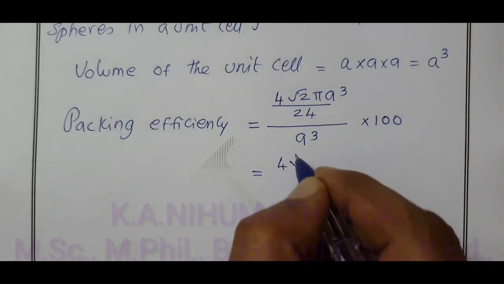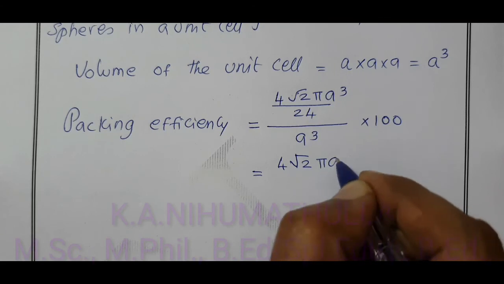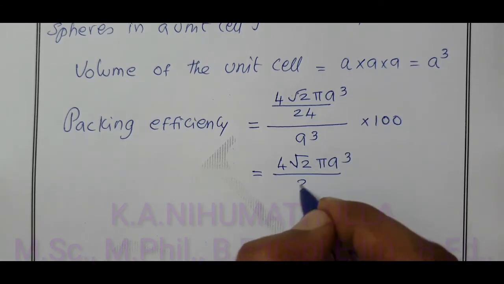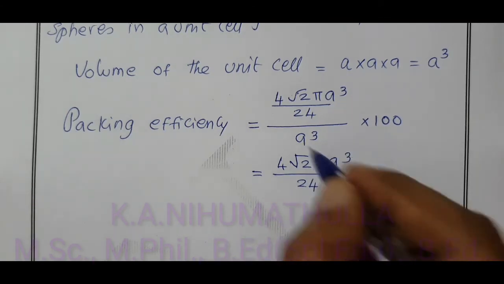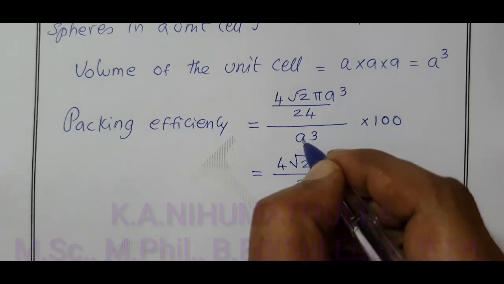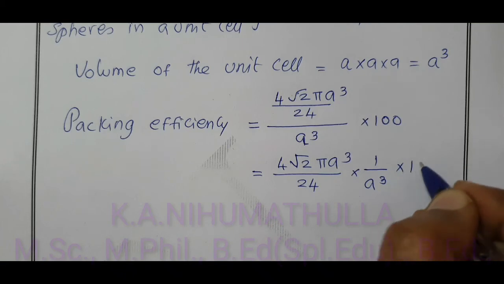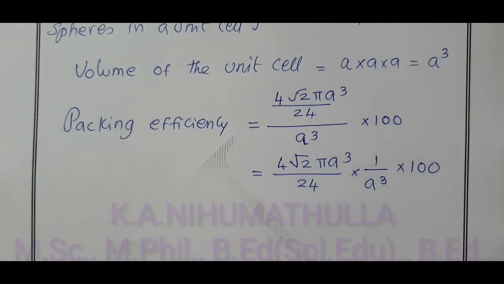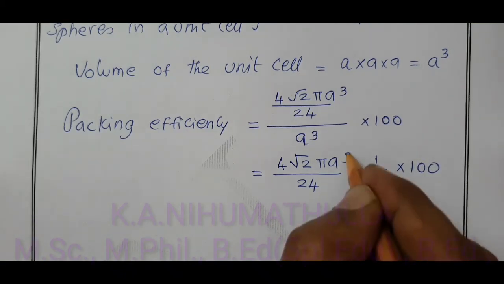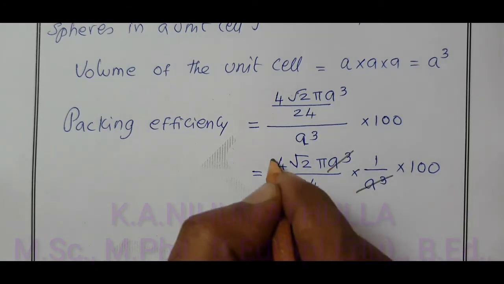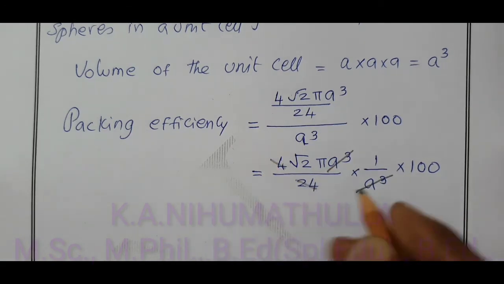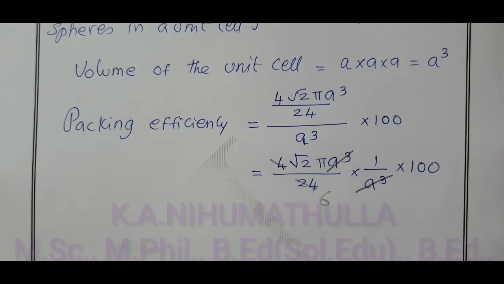Bring this denominator a cube into the numerator and it becomes 1 by a cube, into 100. The a cube gets cancelled. 4 6s are 24.